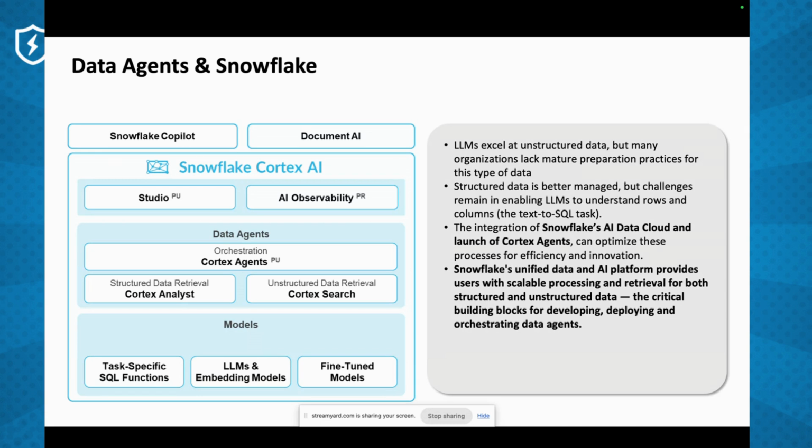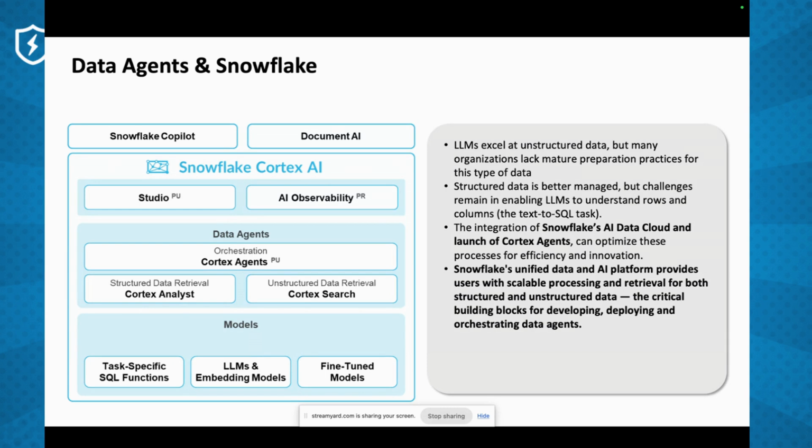The way business sees it, or the way you should explain it to businesses, is that the Snowflake unified data and AI platform provides users with scalable processing and retrieval for both structured and unstructured data. So my data layer has both structured and unstructured data, and that is very, very critical for building and developing data agents.